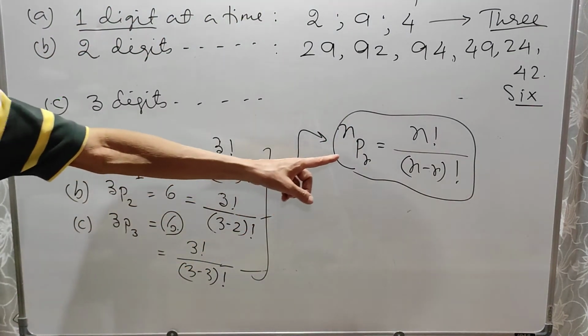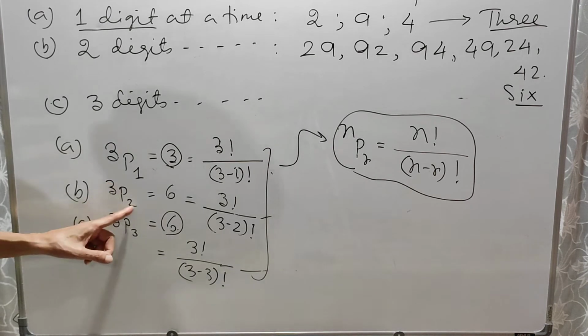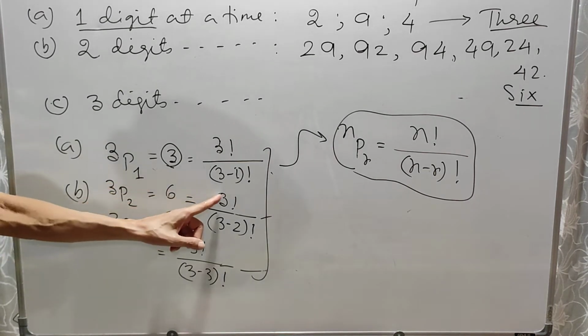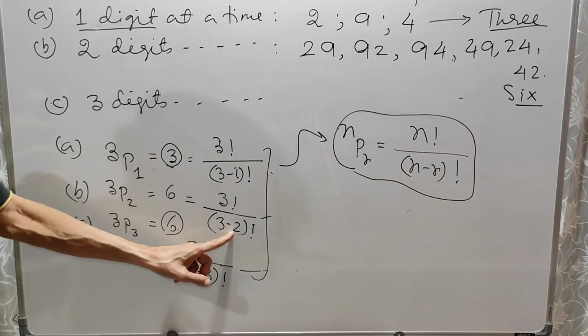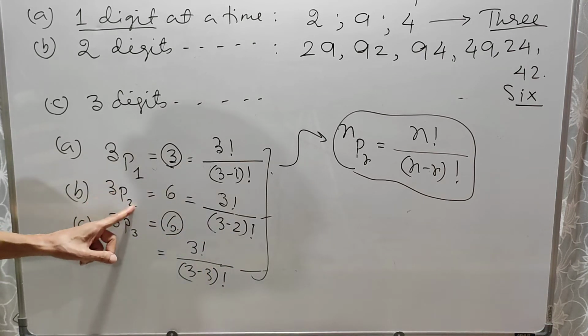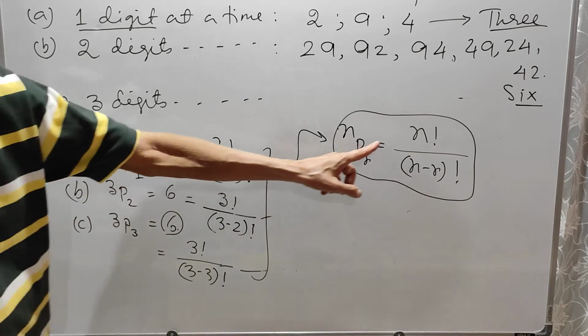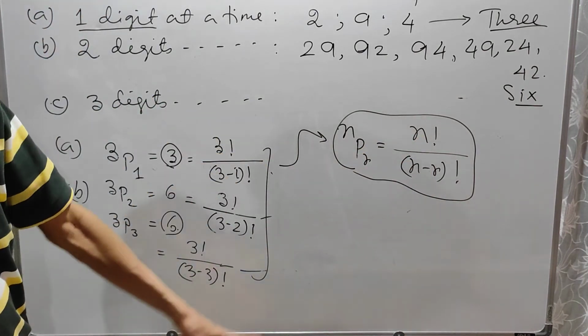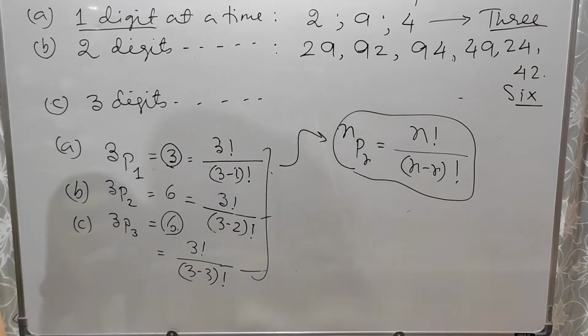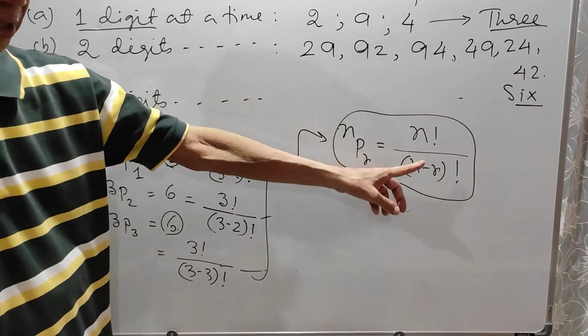So nPr is just like here 3p2 is 3 factorial by 3 minus 2 factorial. Alright. So that way nPr will be n factorial by n minus r factorial. This is the main formula for permutation. So how will you read it?